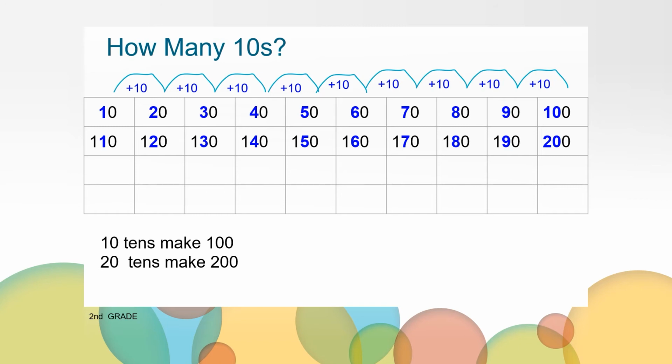If there are 10 tens in 100 and 20 tens in 200, how many tens do you think there would be in the numbers 130, 150, and 180? I'll give you a few seconds to think about that.